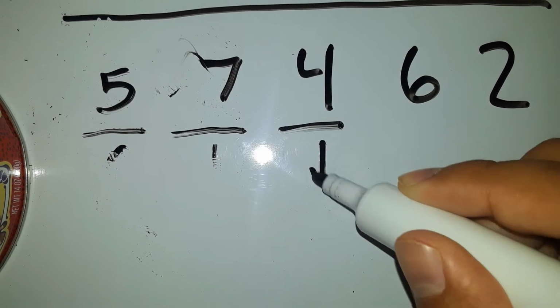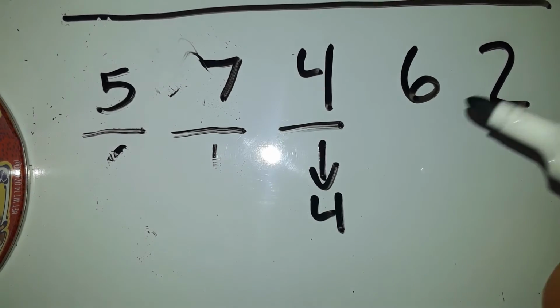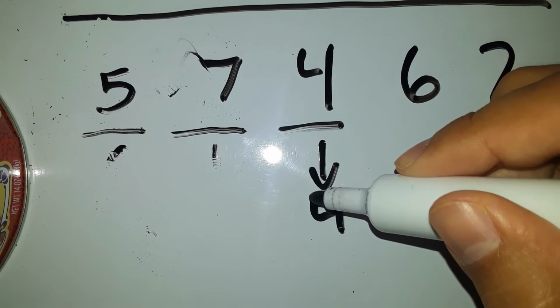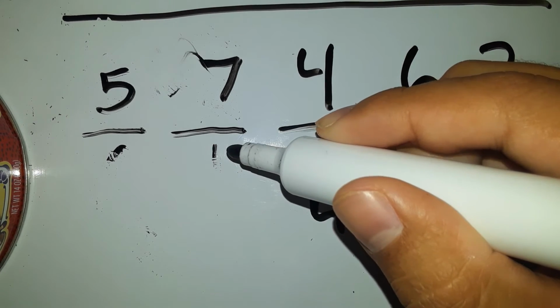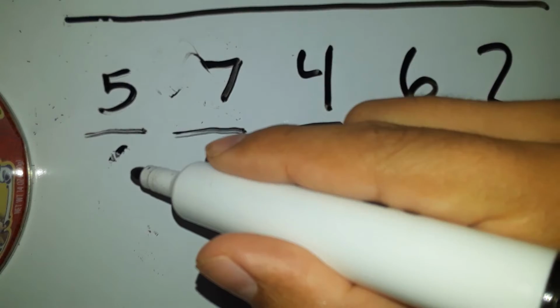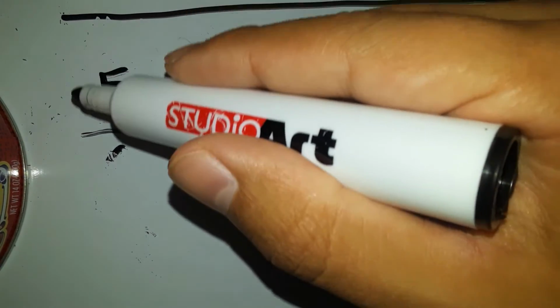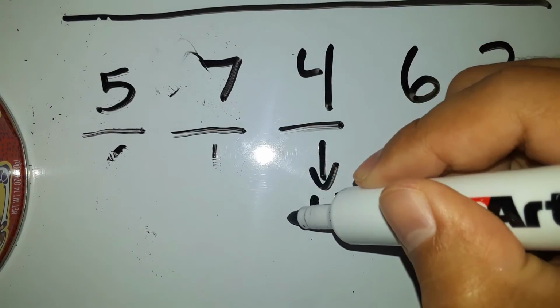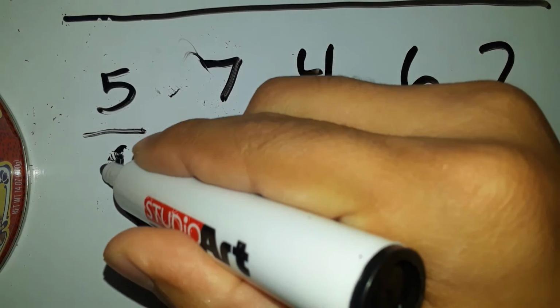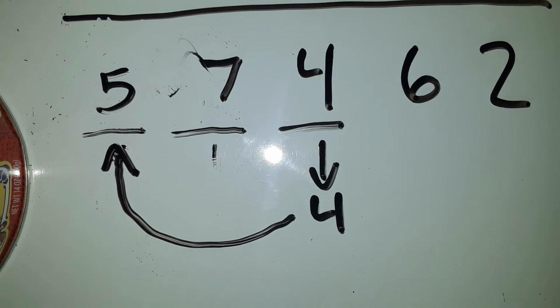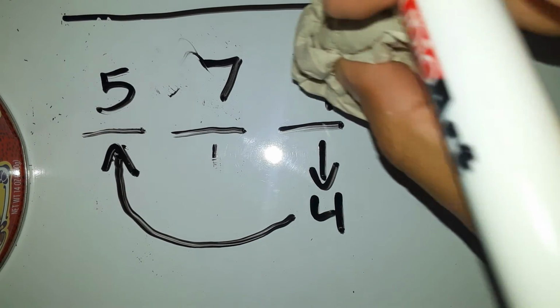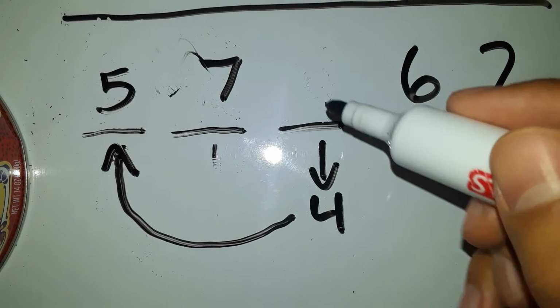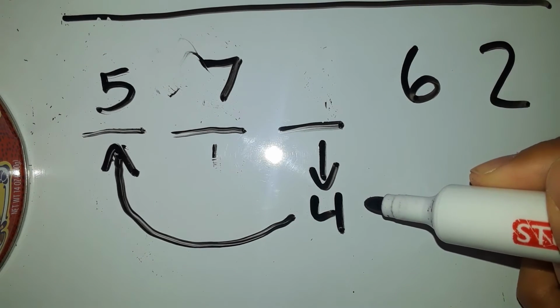Now we're going to introduce a new number, the 4. Let's bring it down here. Is 4 less than 7? It is. Is 4 less than 5? It is. But since this is the end of the array here, that means 4 goes into this spot here. So we move the 4 out of the way, and we have a temporary holding position for the 4.